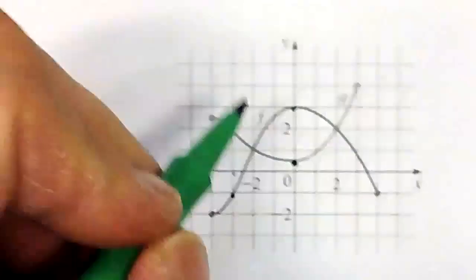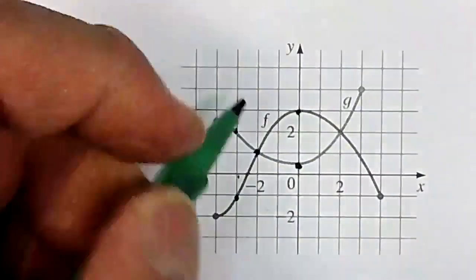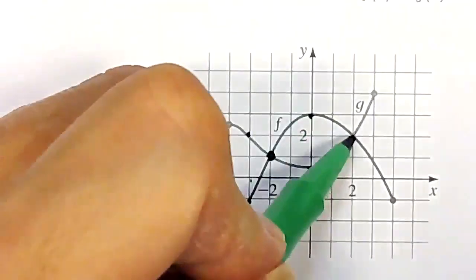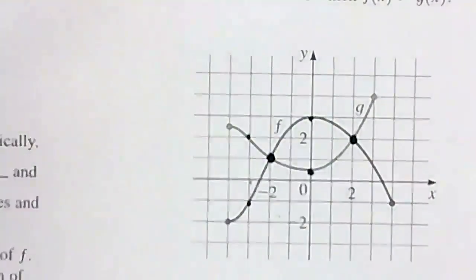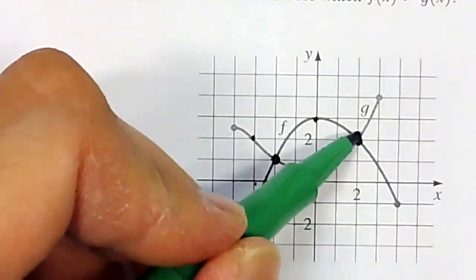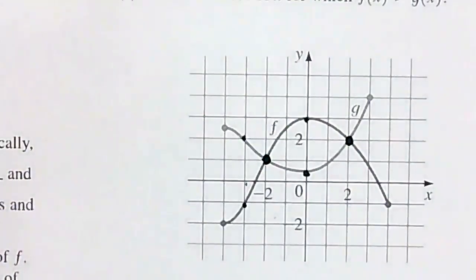Where the two functions cross and meet at a point, right there, and right there. It says for which values of X, so X is -2, and X is +2, okay?